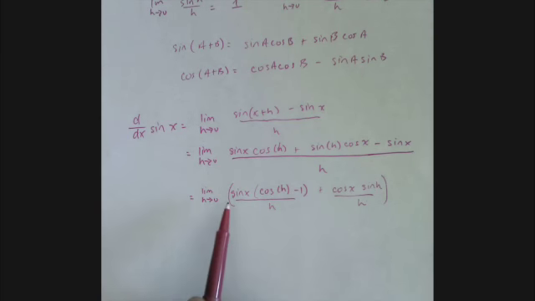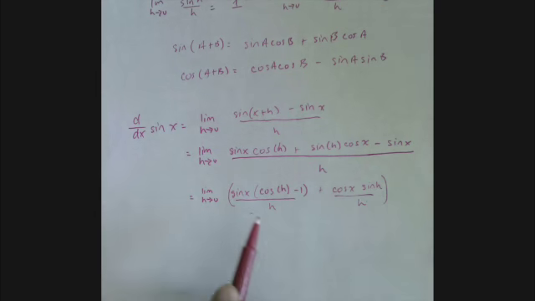Next, I notice here that I have a sine x, and my limit only involves h. Because sine x is a coefficient here for cosine h minus 1, I don't actually need the sine x inside the limit, because again, the sine x is not dependent on the h value at all.